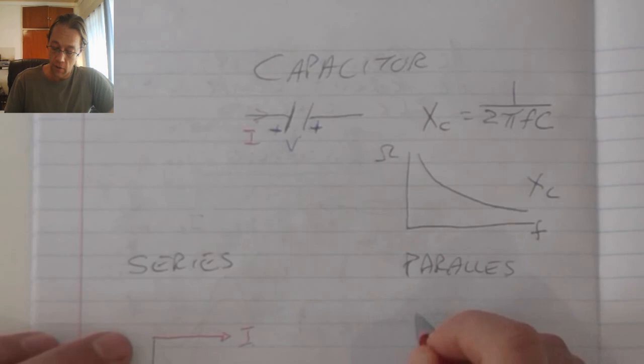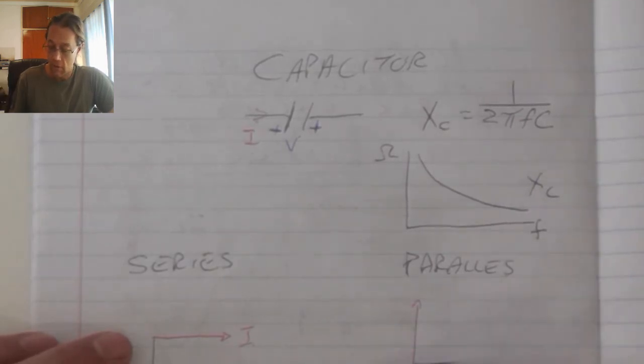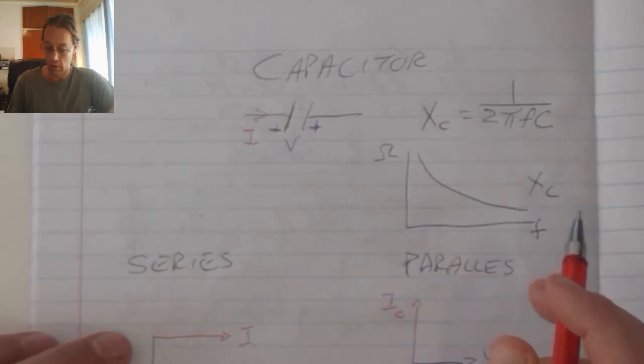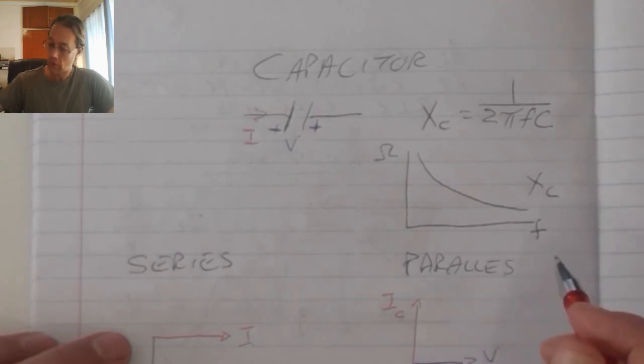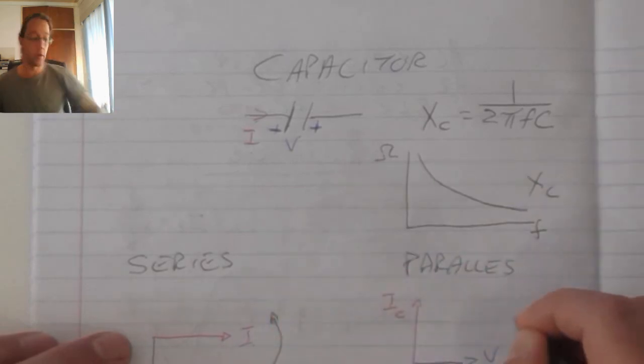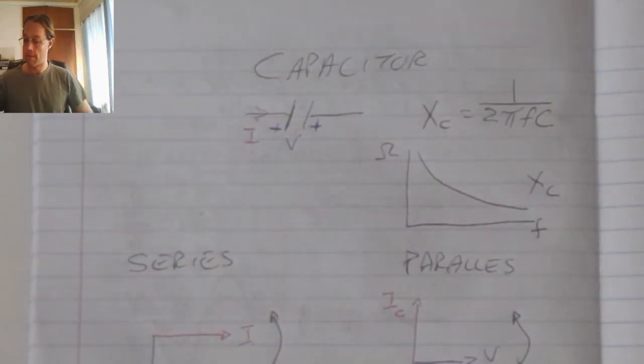In parallel circuits, the voltage becomes the reference, and then the current will lead the voltage by 90 degrees. Again, these are rotating aspects which need to be indicated in all diagrams.